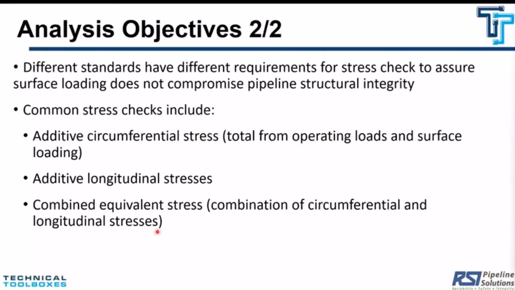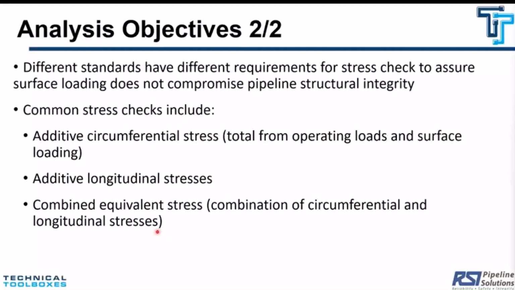A common check is the additive circumferential stress, which is the total stress from operating and from surface loading, right? We have some stresses from the internal pressure, some stresses from the vehicle, and some stress from the soil overburden. When you calculate them and add them up together, that's called the additive circumferential stress.